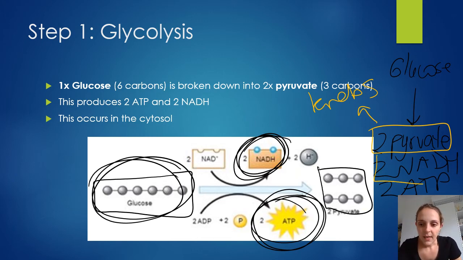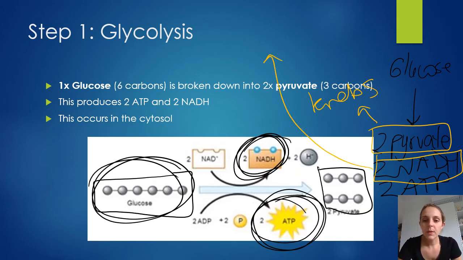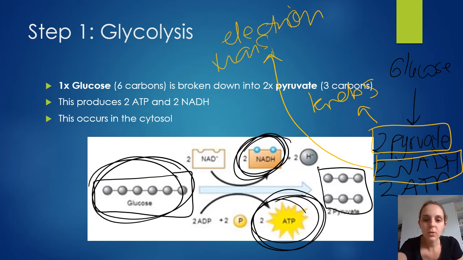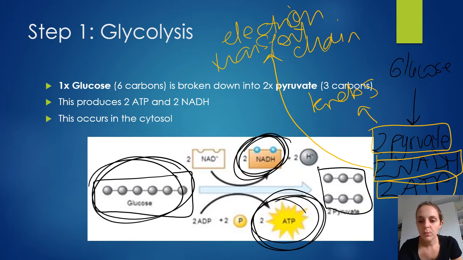Our NADH that we made is going to leave us for a little bit, and it's going to come back, and you'll see where it reappears, in the electron transport chain. And our 2 ATPs are now available for the cell to use. So it can use those 2 ATPs to power things straight away, so we're not really going to factor that into the equation any further.